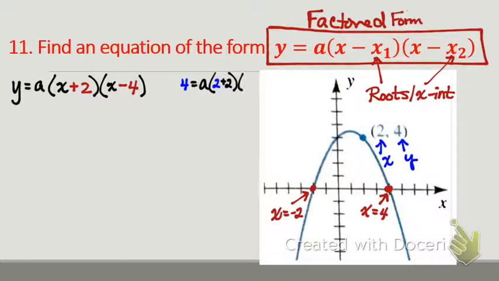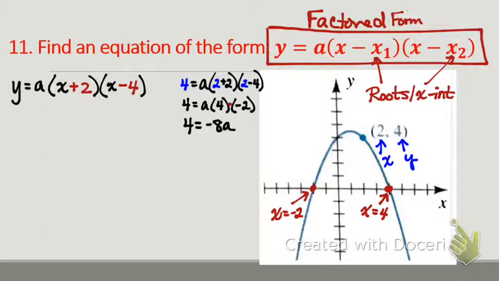So 2 plus 2 and 2 minus 4. What is 2 plus 2? 4. 2 minus 4. Negative 2. And then I multiply those guys together, so I get 4 equals negative 8a.